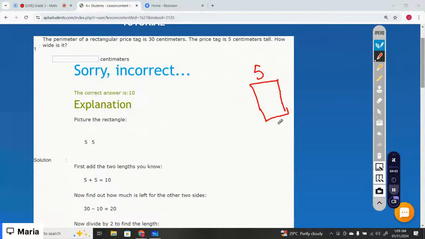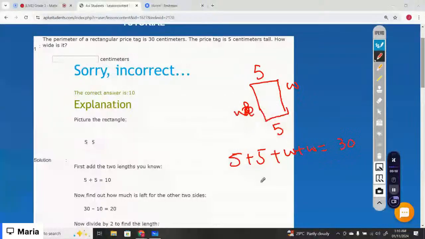This is 5, so this is 5, right? The other two sides, the width, you have to find. So 30 you are given. The opposite sides are equal in measurement, so the other side is also W. So 5 plus 5 plus W plus W, that is the perimeter, equals 30.